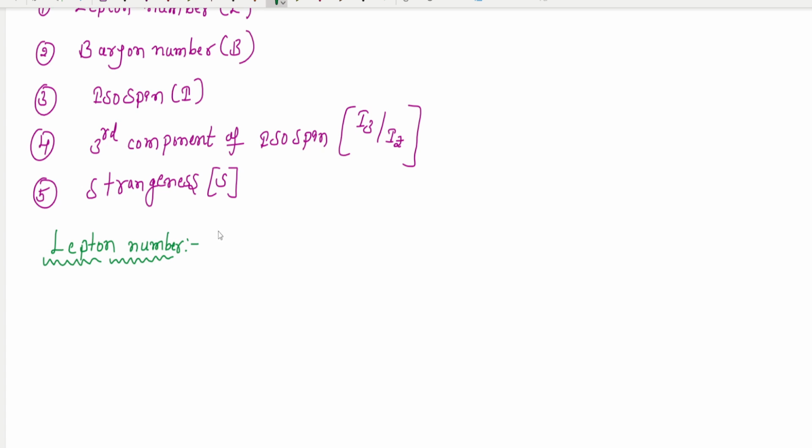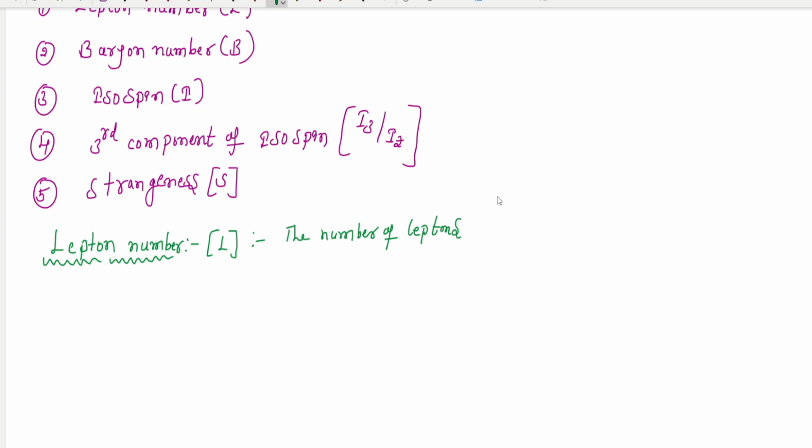So this lepton number L, the number of leptons minus the number of antileptons, is called the lepton number. Leptons are lightweight particles.